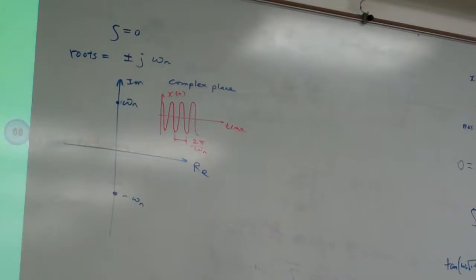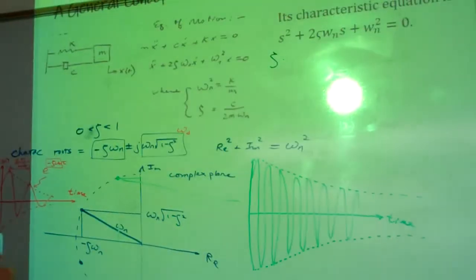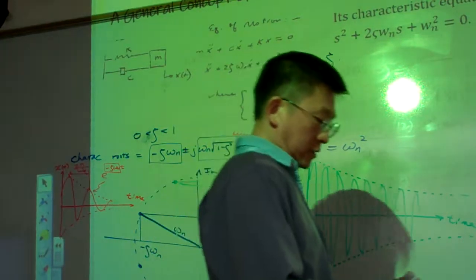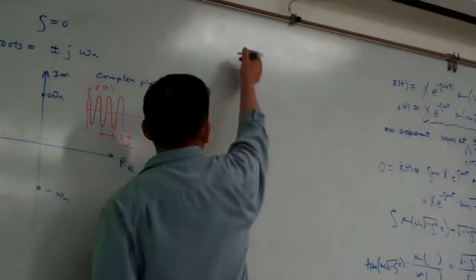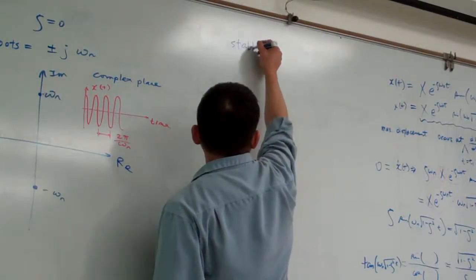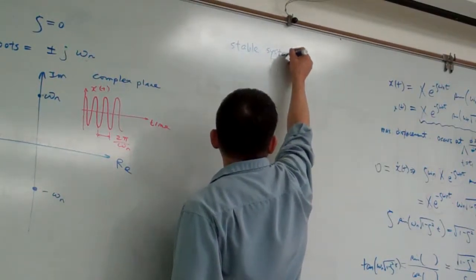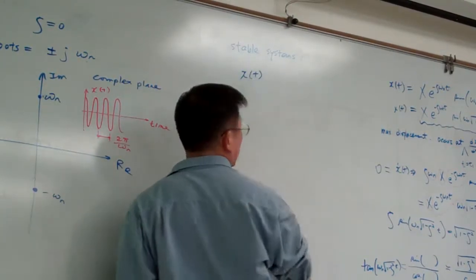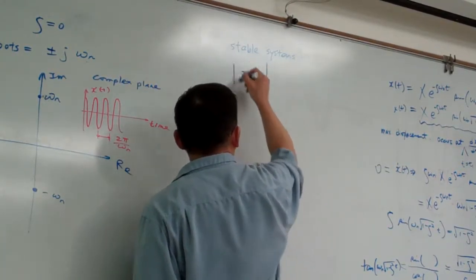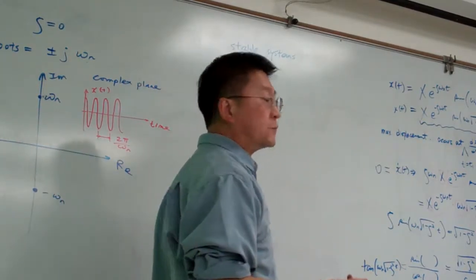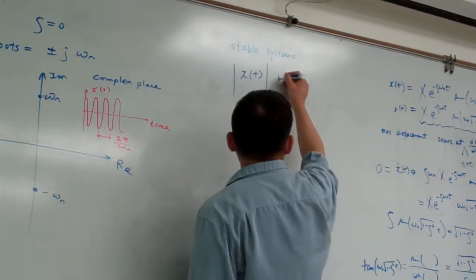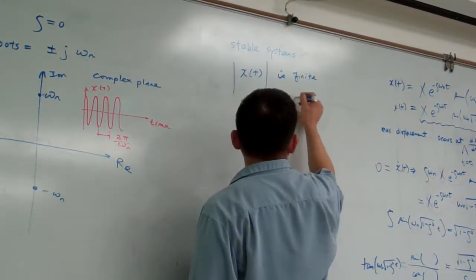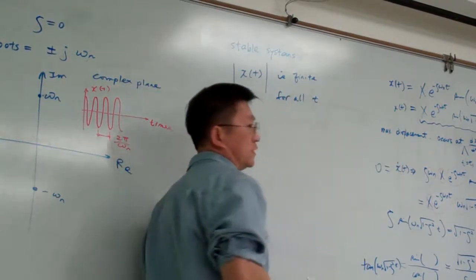So far, the two systems we define as a stable system. A stable system means that the x of t, its magnitude, we take the absolute value, is finite for all possible values of t.